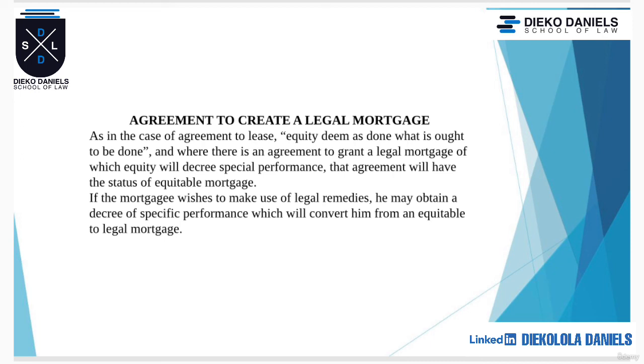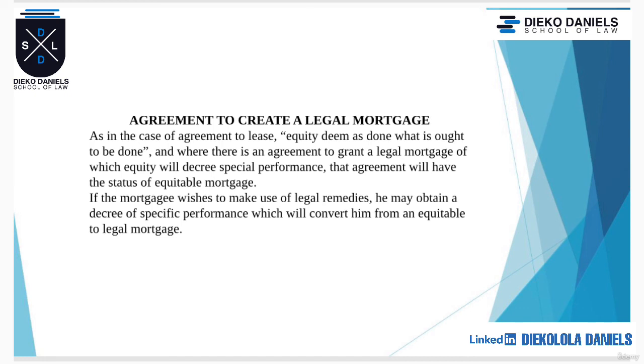Then the second one: when you have an agreement to create a legal mortgage, not an agreement to create an equitable mortgage, where that legal mortgage has not been created but an agreement has been made and money has been advanced, the mortgagee, that is the person who advanced the money, can go to court to convert that equitable interest into a legal mortgage by an order of specific performance.